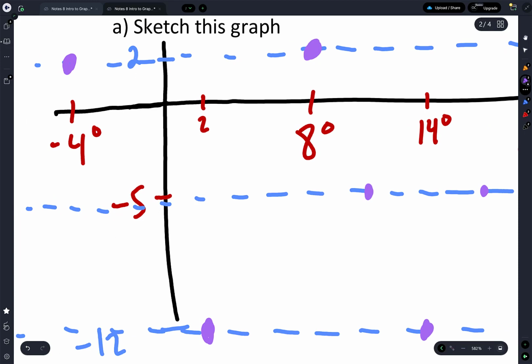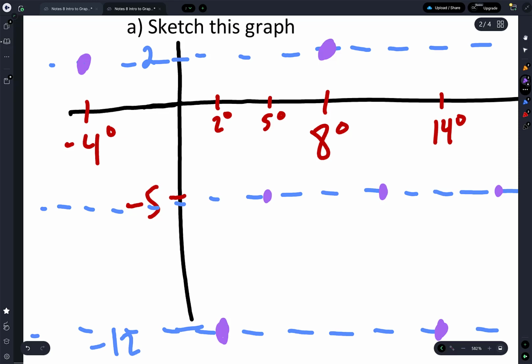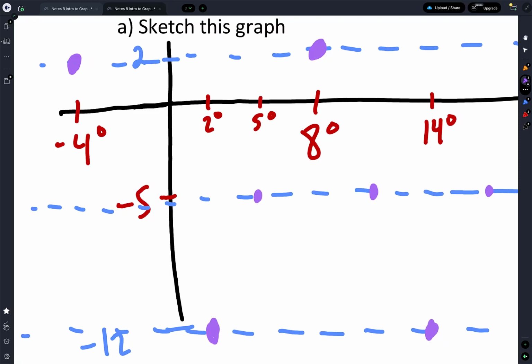In the middle between 8 and 2, so at 5, a point at the midline. I'll designate here 5 degrees. In the middle between negative 4 and 2, so that means at negative 1. Put a point at the midline.